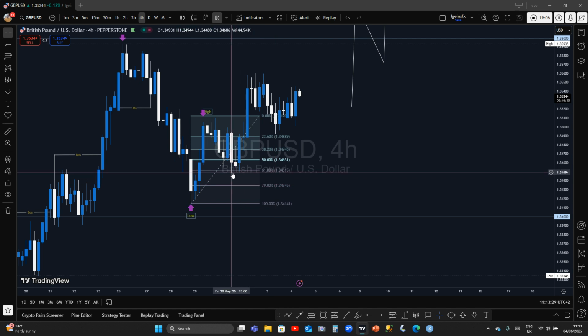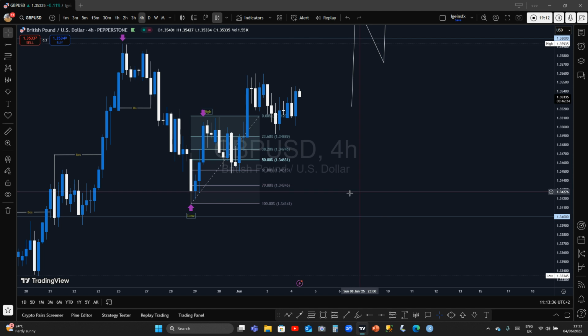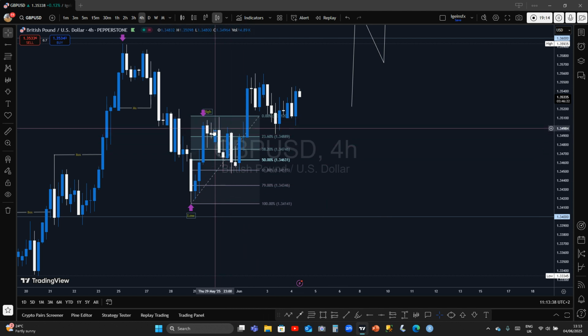You now see this rejection is telling you that there are still buyers in the market. Even though you see price coming down, retracing, but look at this long candle here. You can easily notice that there are buyers.